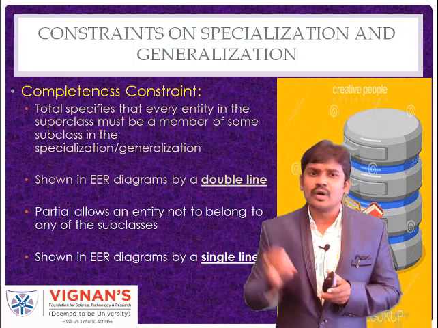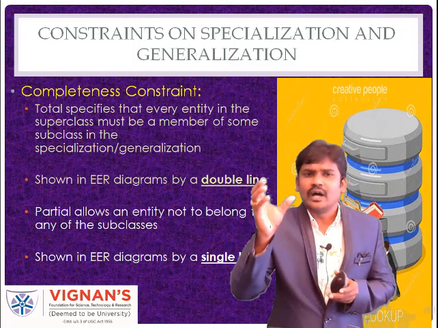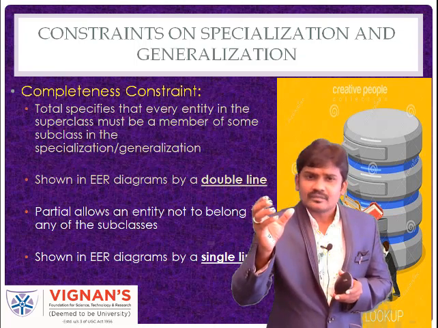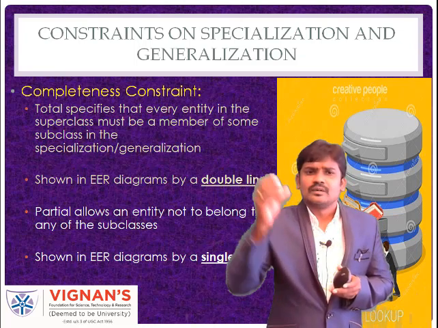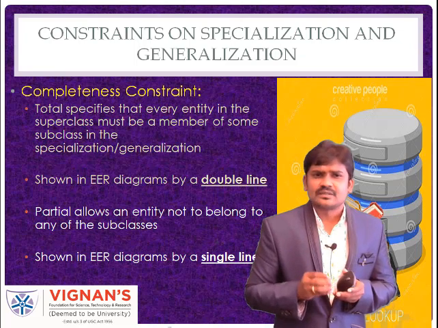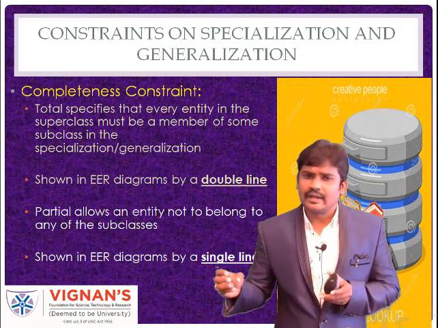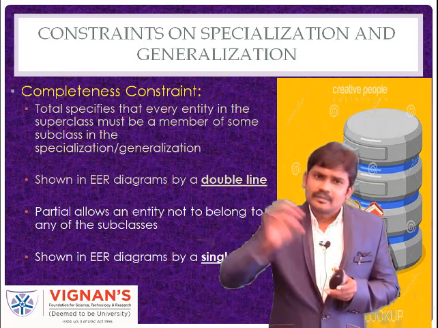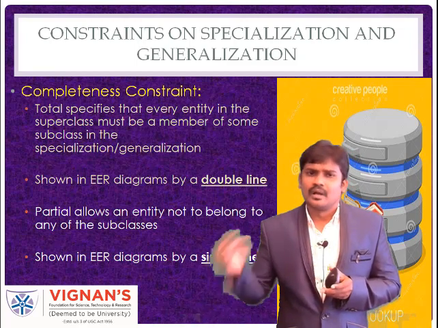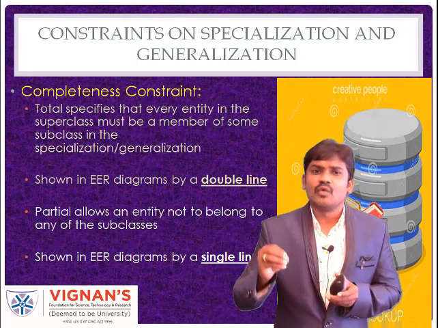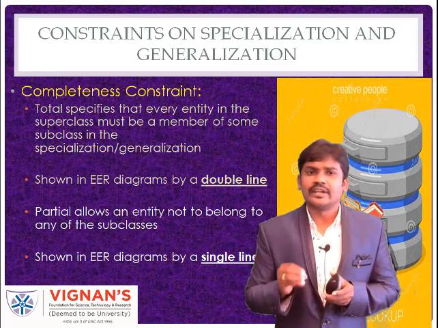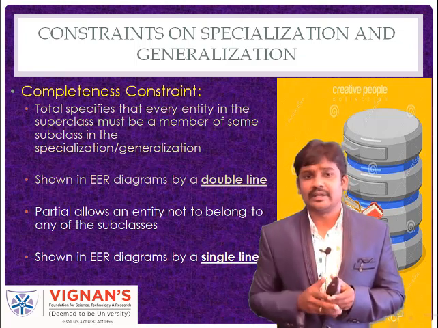The same condition applies to overlapping total also, if the 100 people belong to either business or employee, or doing business and employment. In that case, overlapping total, that is shown in the ER diagram by a double line.